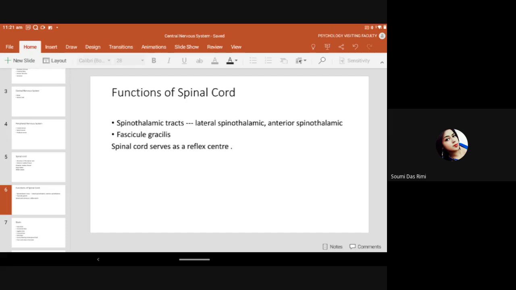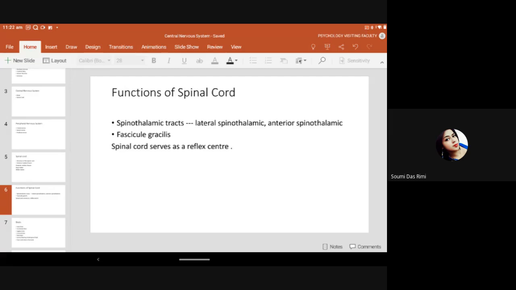Okay. Now, the spinal cord's function is mostly to serve as a reflex center for many reflexes, and it is the center of the reflex arc, wherein the incoming sensory impulses are converted to the outgoing motor impulses.